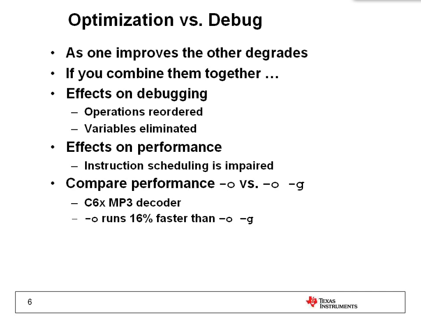If you look at some of the files, you'll see debug directive, a bunch of code, debug directive, a bunch of code. That's fine for debugging, but for instruction scheduling purposes, this is bad because the compiler will not move an instruction past a debug directive.